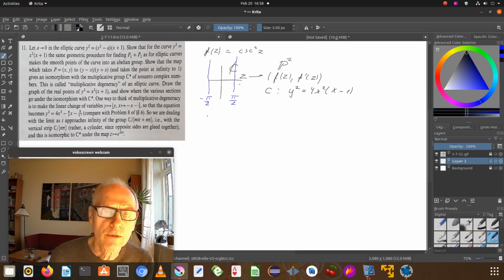So the equation is y minus mx minus b, and that means we define the function. Y is the derivative.